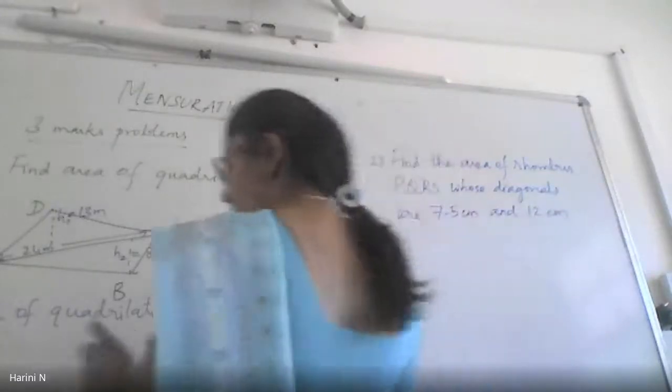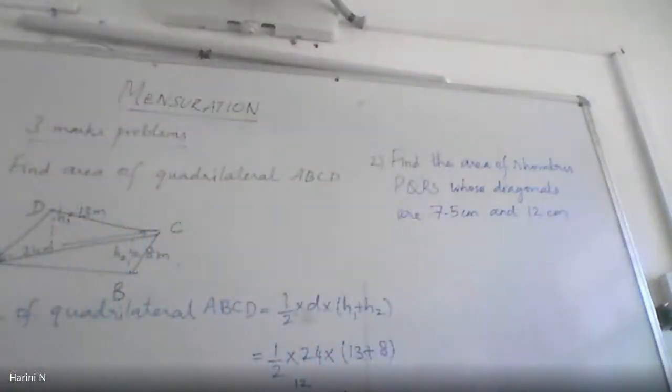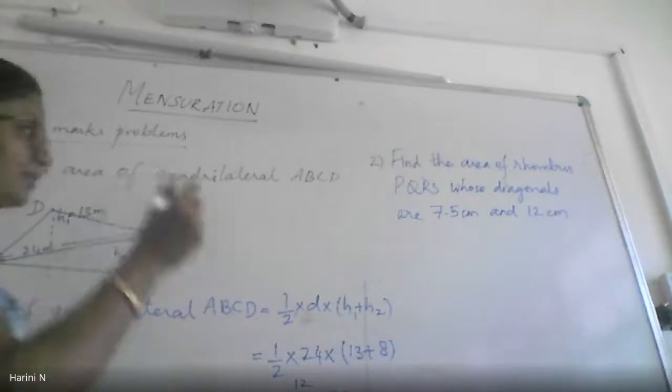So first draw the rhombus, PQRS, and label the diagonals in that rhombus. Then you can substitute in the formula.